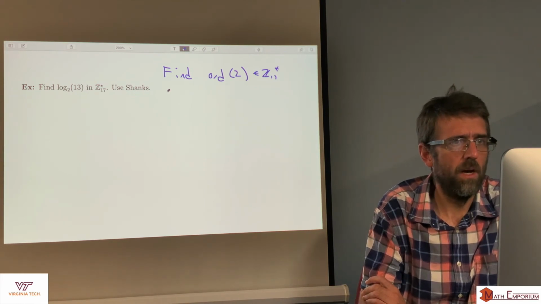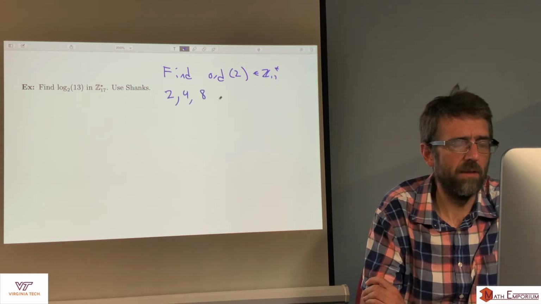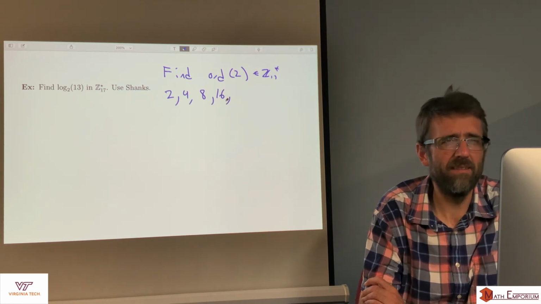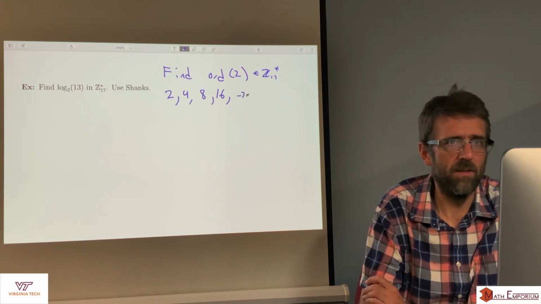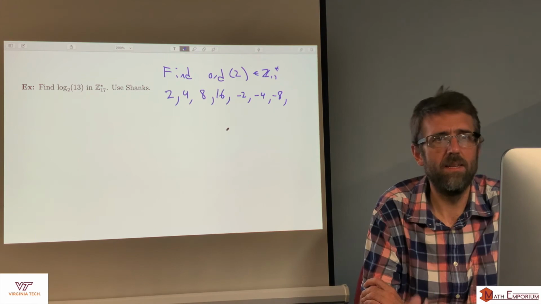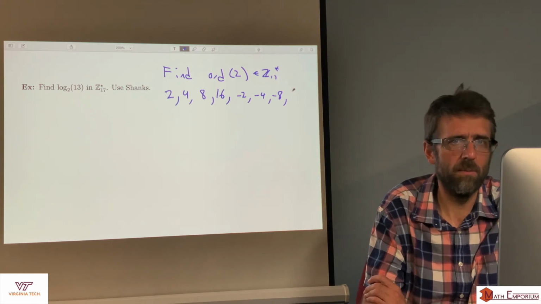Okay. Well, I can just write things out, right? So I get 2, 4, 8, 16, but 16 is -1, right? Working mod 17, so if I multiply by another 2, I would get, I'll just write it as -2, -4, -8, okay, but then -16, which is the same as 1.